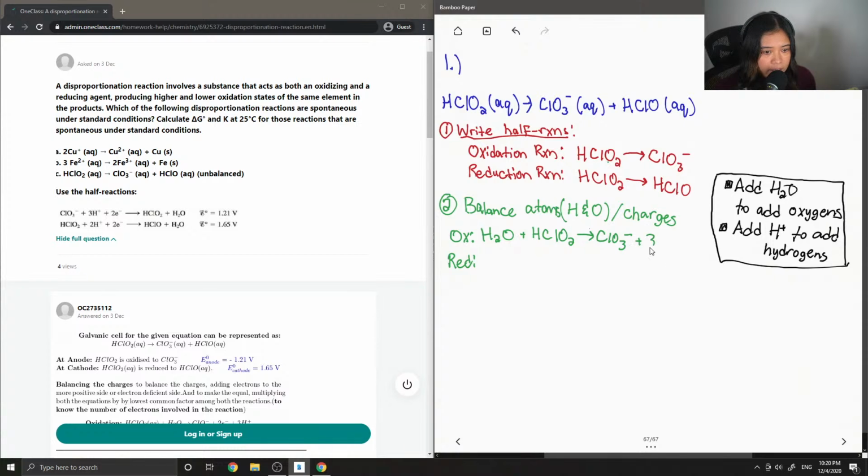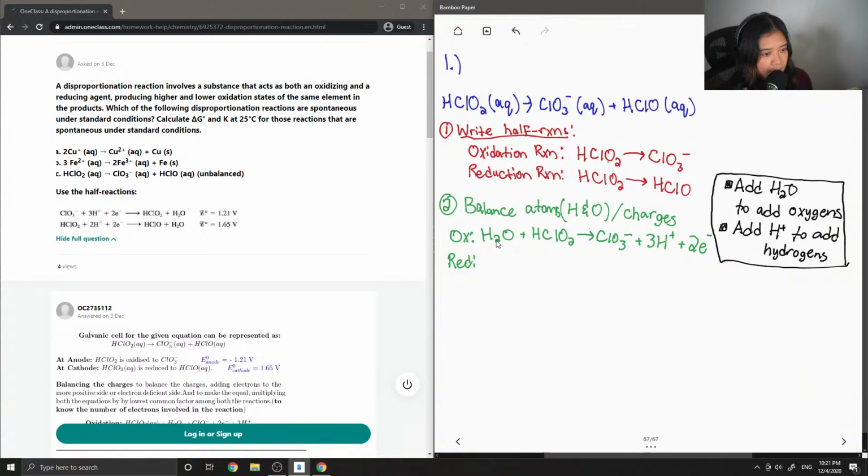So we need 3 H plus ions. And now we want to make sure that the charges are balanced as well. So on our reactant side, all the charges are neutral. There are no charges. And for the products, we have a single negative charge and we have 3 positive charges. So therefore, to neutralize the positive charges, we need to add 2 electrons.